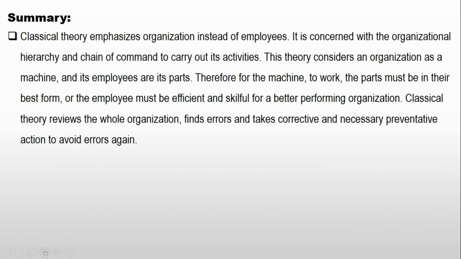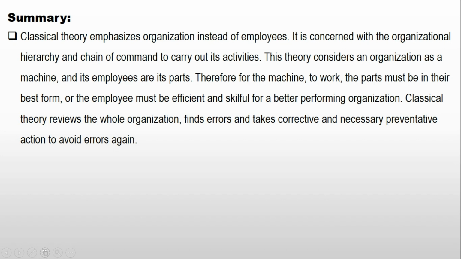So to round up everything on the classical theory, we are just saying that it emphasizes organization instead of employees. So it is concerned with organizational hierarchy and chain of command to carry out its activities. Number two, the theory considers an organization as a machine and its employees as parts of the machine.